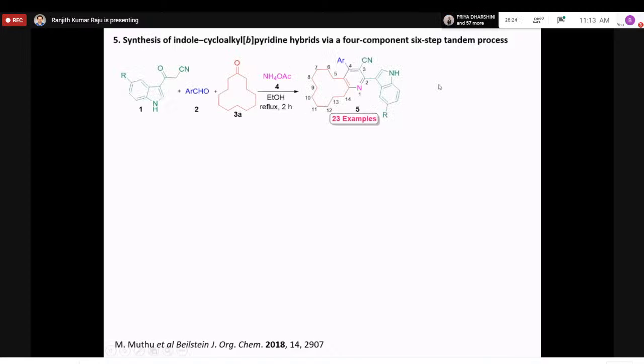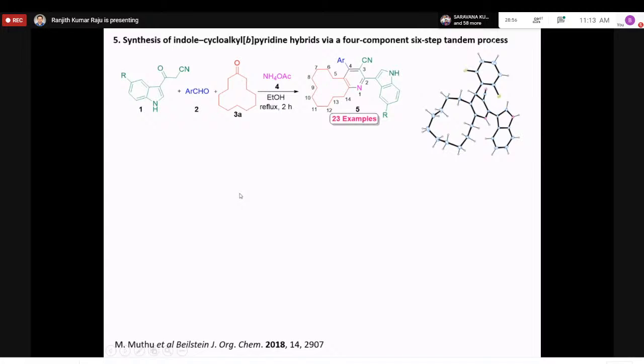Now, next, we wanted to introduce an indole system in the pyridine fused cycloalkane rings. So, as one of the reactants, we took the indole acetonitrile as the source, and aromatic aldehyde, and you have the cyclododecanone and ammonium acetate as the nitrogen source. So we were successful in synthesizing 23 different compounds of the indole tethered pyridine fused cyclododecane rings.